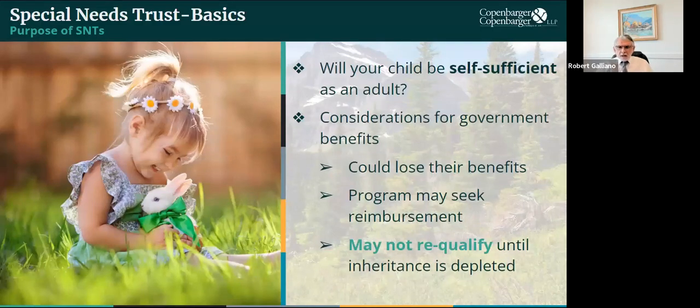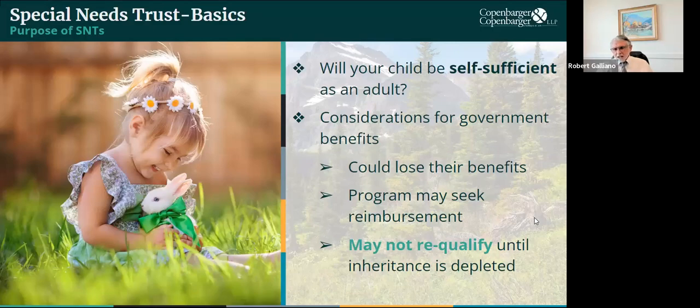The purpose, again, of the Special Needs Trust. It is important that we know and plan for when you are not around and provide a structure so that your child can be self-sufficient when they reach adulthood.